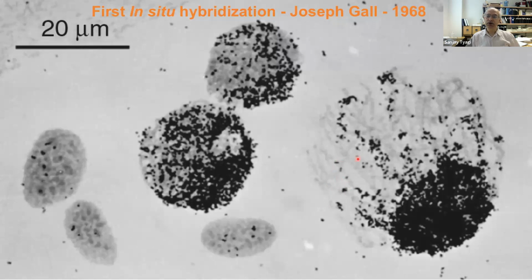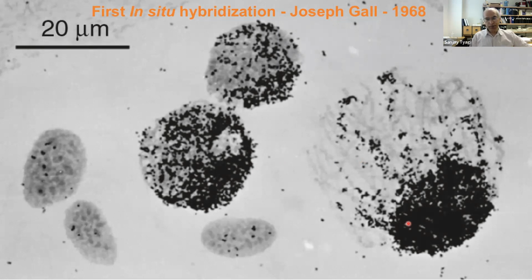Each spot you see corresponds to a copy of ribosomal RNA, and you can sort of see the ribosomal genes. You can see this cluster of ribosomal genes, and that is the nucleolus of the nucleus of these eggs. And this was just the first demonstration of hybridization. And after that, there's a long, glorious history of this technique being used in all aspects of biology.